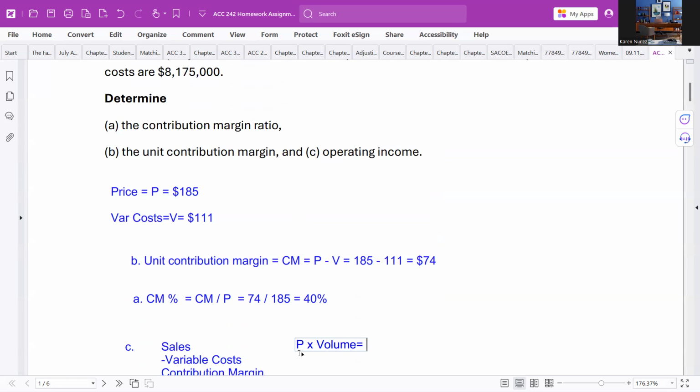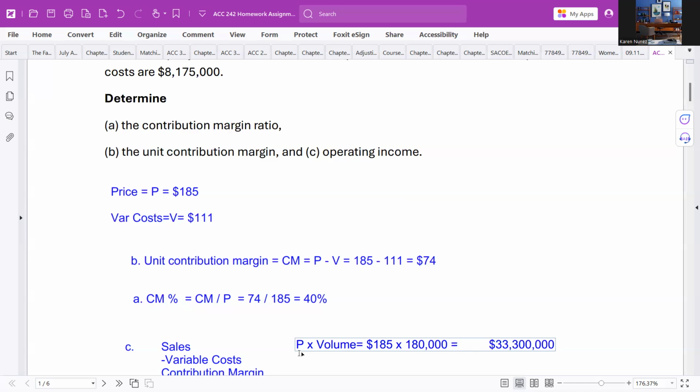So in this case, we have a selling price of $185, and they sold 180,000 units. What that's going to give us is total sales of 33,300,000. That's our sales, right? Price times volume.